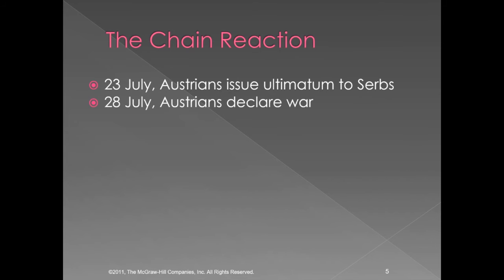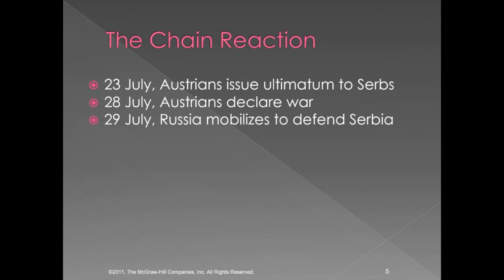Next, the Austrians declare war on Serbia. Right? That's 5 days later. The Serbs are not really in any position to fight against the Austrians. But again, the Serbs are much more closely related to Russians than Austrians. Well, Russia says, well, why don't you pick on somebody like your own size, like me?